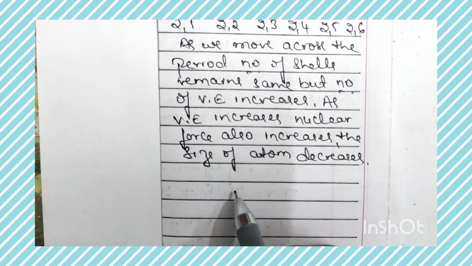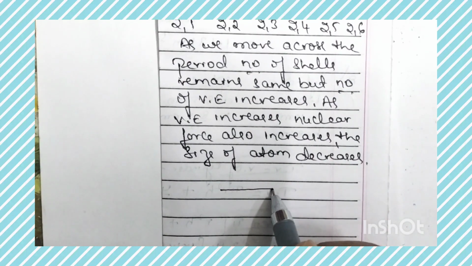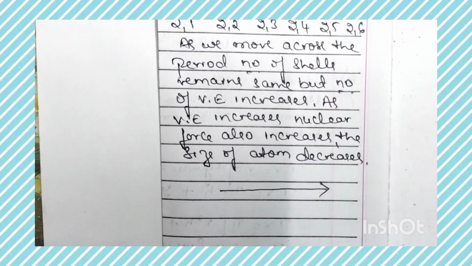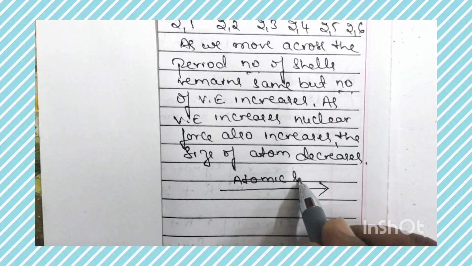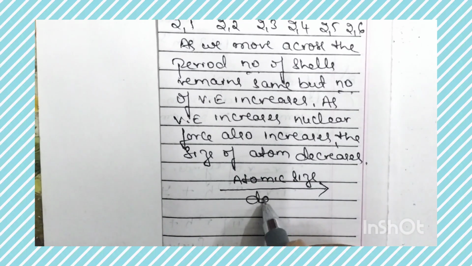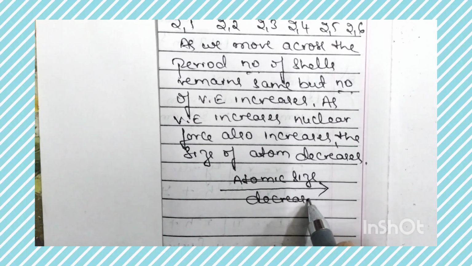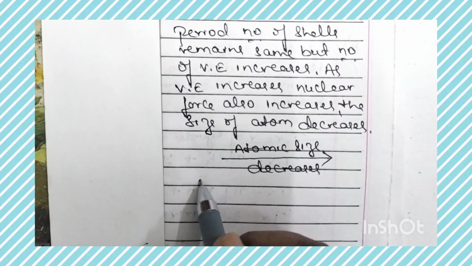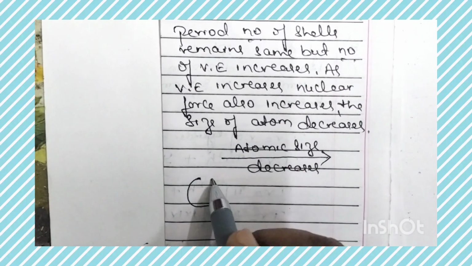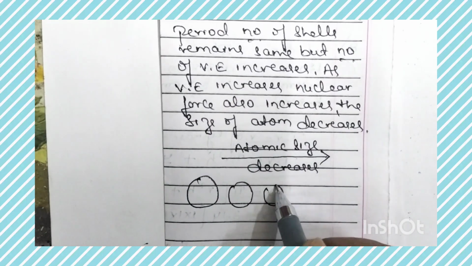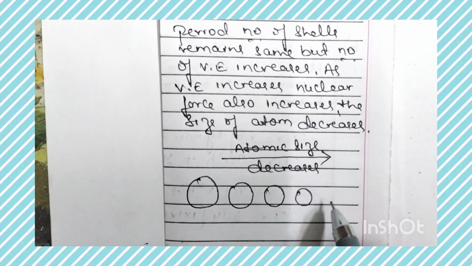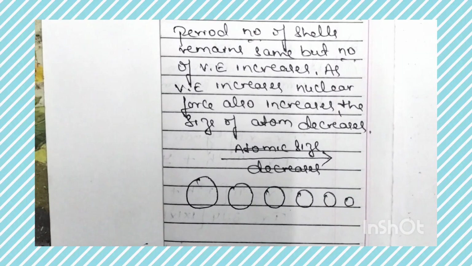So this is about how the atomic size decreases as we move across the period. As we move across the period, atomic size decreases. See here, if the size of the lithium is this much, then size of the beryllium, size of the boron, size of the carbon, size of nitrogen, size of oxygen.